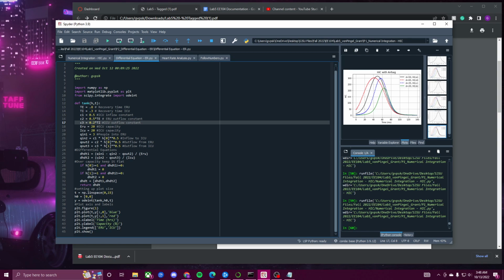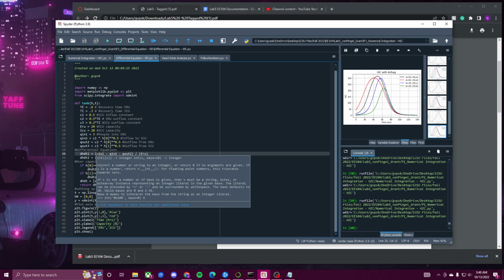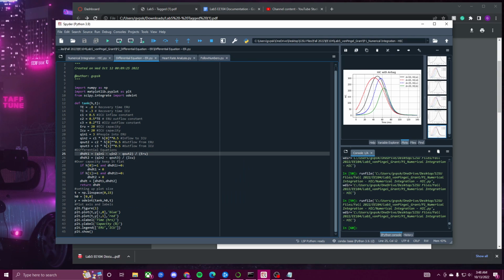And these are differential equations. So this is the ERU equation. So Q in, so basically inflow to the ERU minus the outflow to the ICU minus the outflow of the ERU, divided by ERU. So these are the people that are leaving.